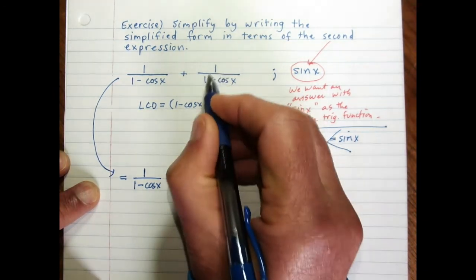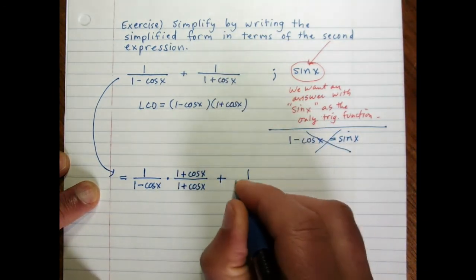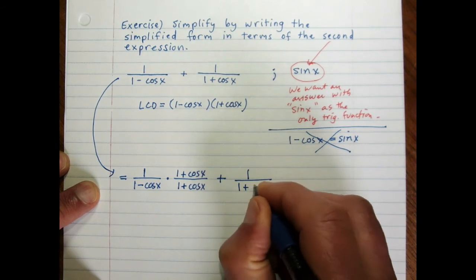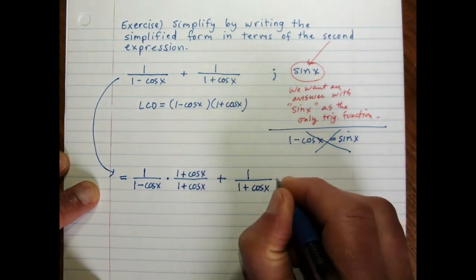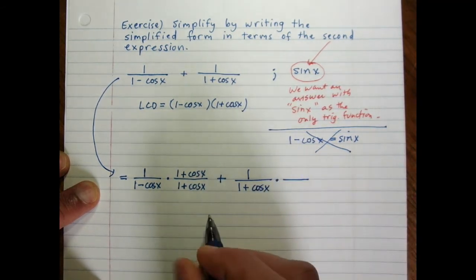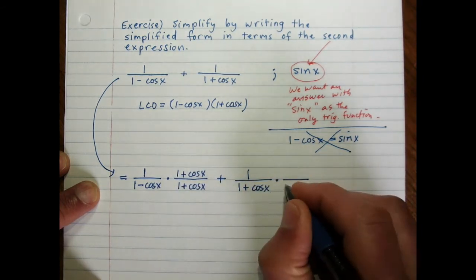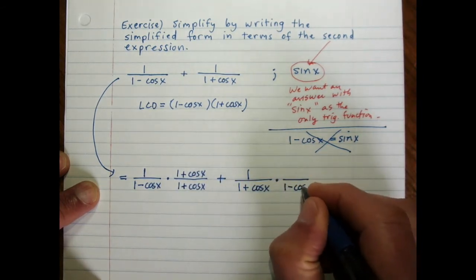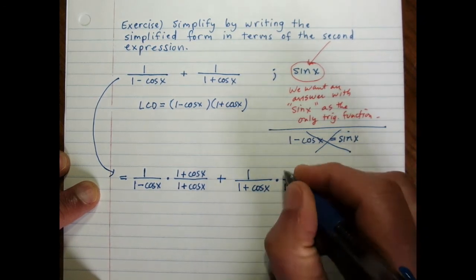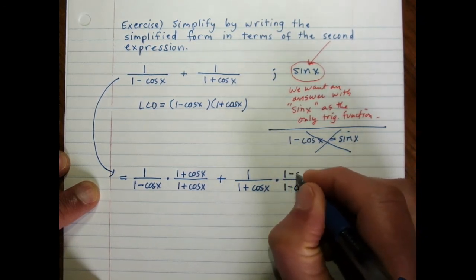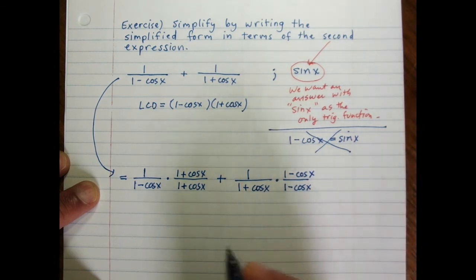Plus, now I'm going to take the second fraction, 1 over 1 plus cosine x, and I want to get the common denominator of 1 minus cosine x, 1 plus cosine x. So I need to multiply by 1 minus cosine x, and whatever I do below, I have to also do above.